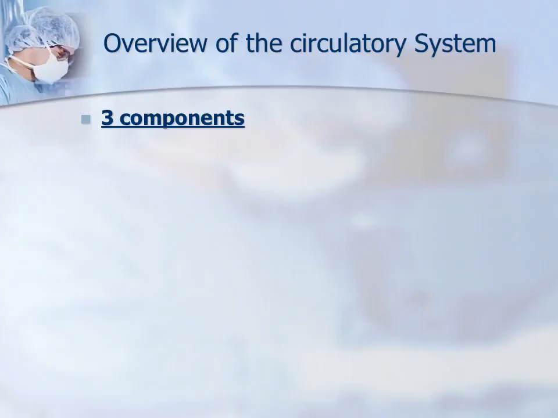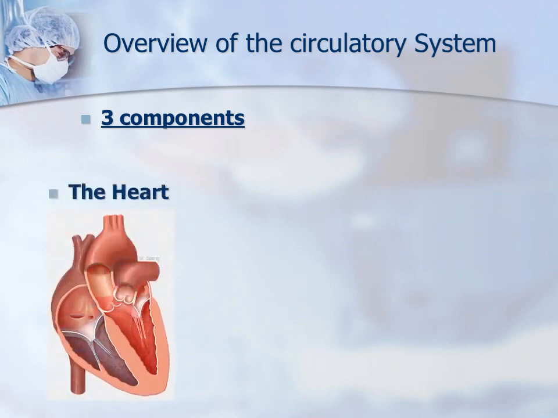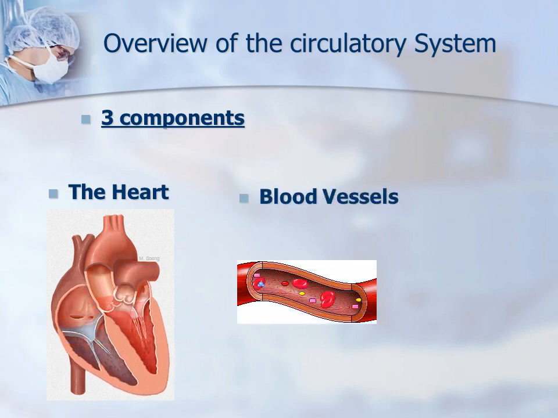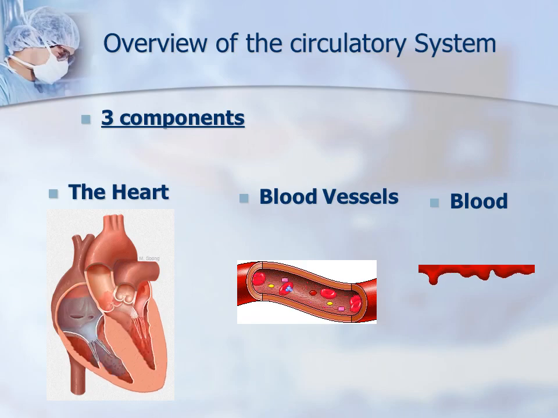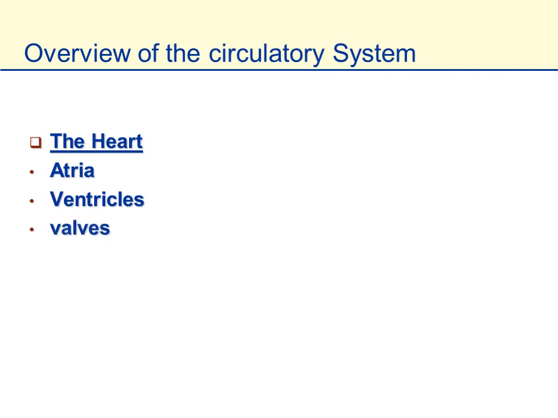We have three components, ثلاثة أجزاء للcardiovascular system. First, the heart القلب. Second, blood vessels الأوعية الدموية and blood. The heart consists of atria, ventricles, and between atria and ventricles there are valves.